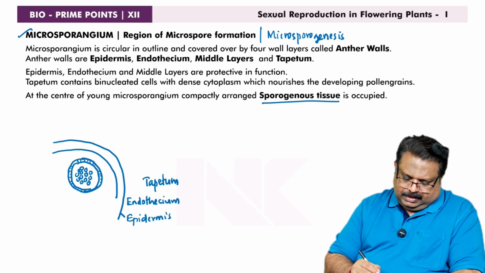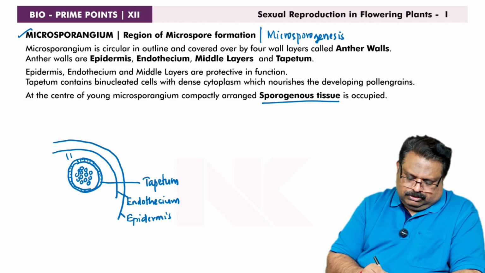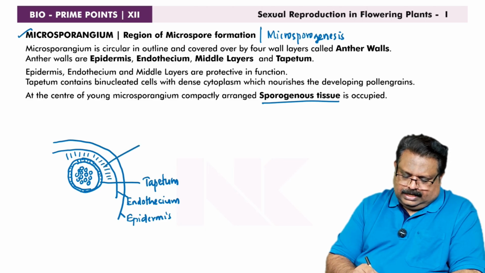So this is epidermis, this is endothecium. The innermost one is called tapetum. Now in between tapetum and endothecium, so many layers are there. All these layers are collectively called middle layers.